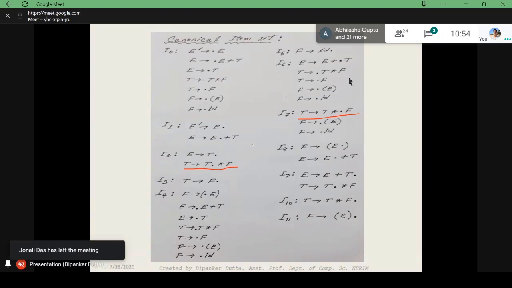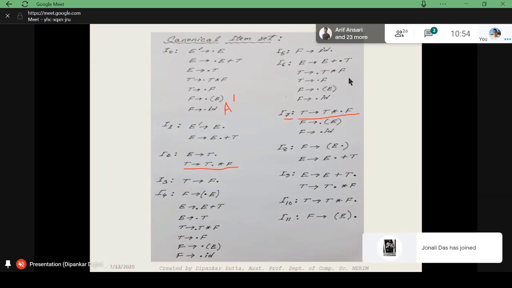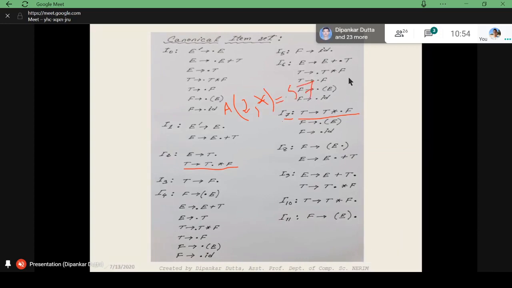So then what will be the shift? Action 2 star, and it will move to S7. Then what will be the output? S7.